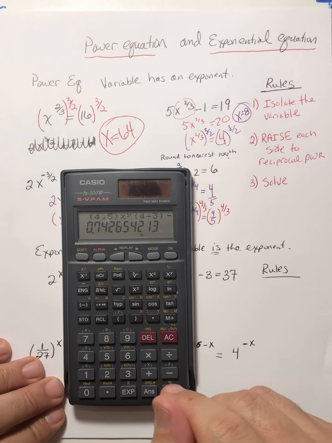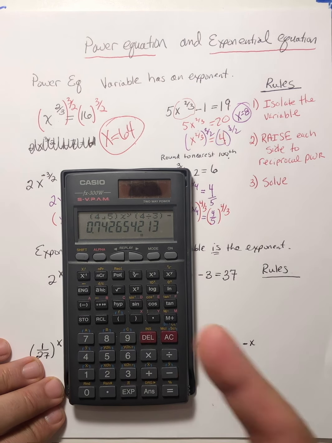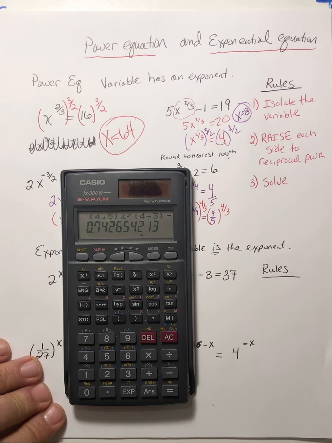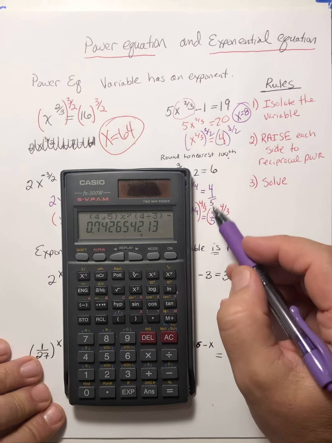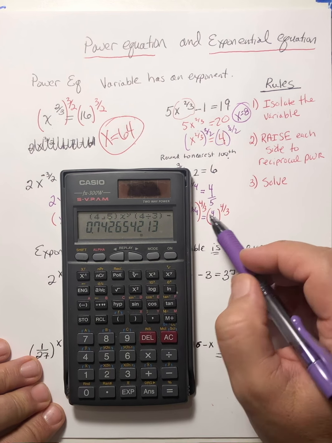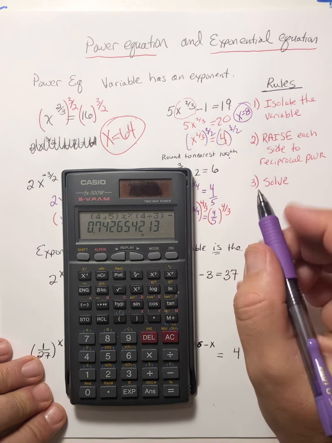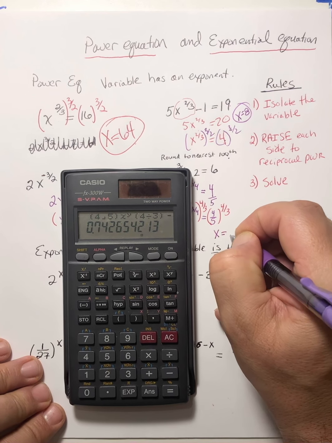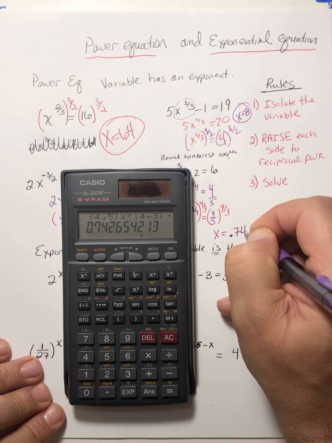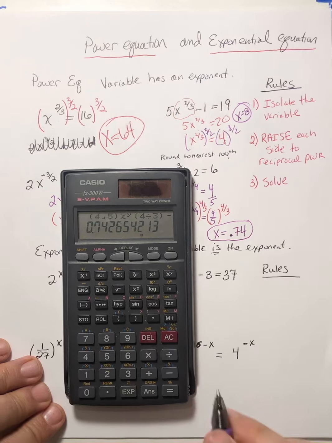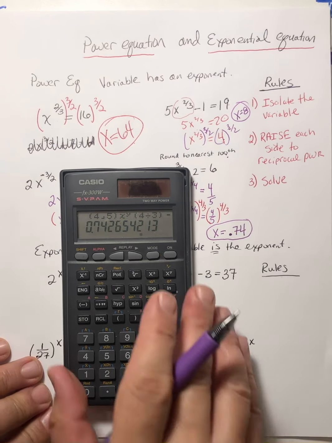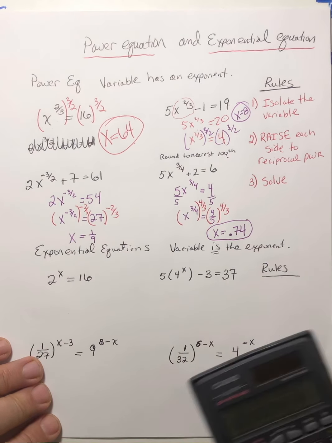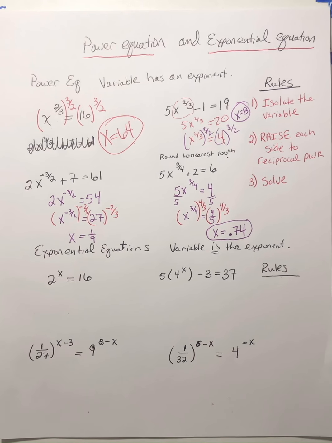I know that's not going to be a nice number because the cube root of 4/5 is irrational. So like I said, round to the nearest hundredth, we have x equals 0.74. No one says these answers are going to be perfect. There, done with the problem. Okay?